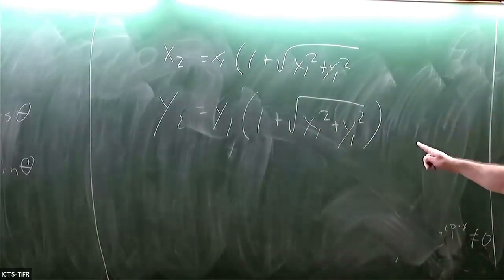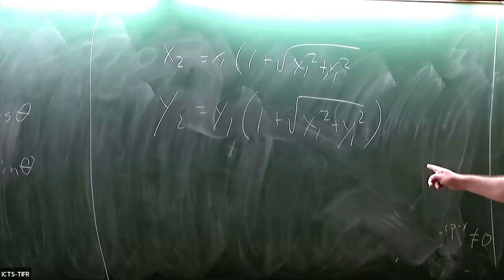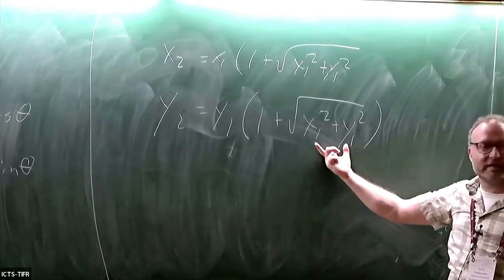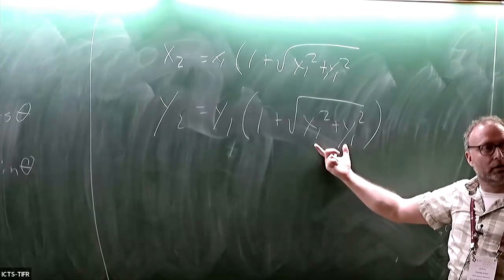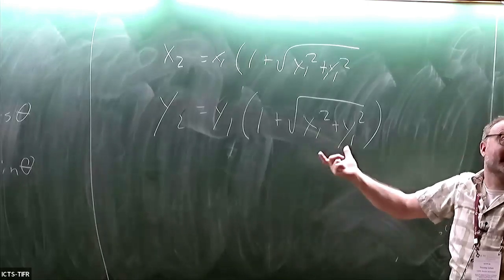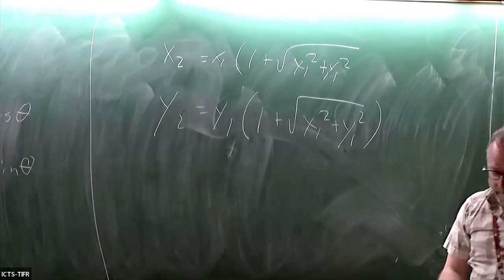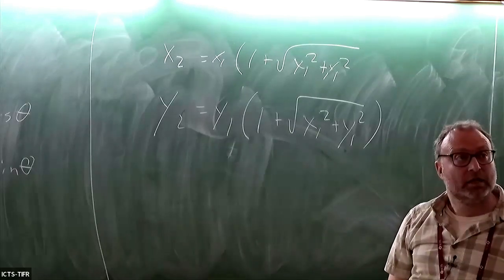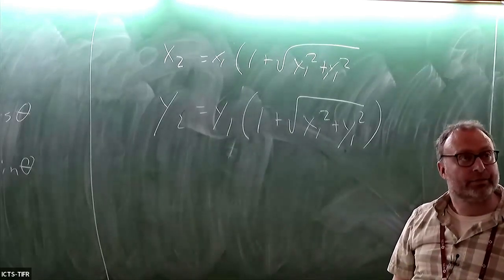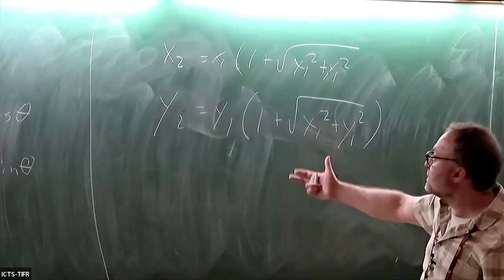But this map is not real analytic at the origin because of this square root, right? This is a square root of 0. And from an analyticity point of view, that causes non-analyticities. Okay? And we can even see that if we compute the line element in both pictures, okay?